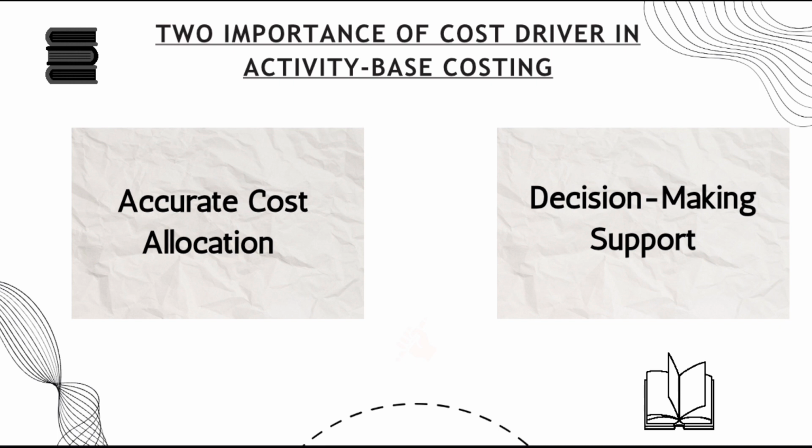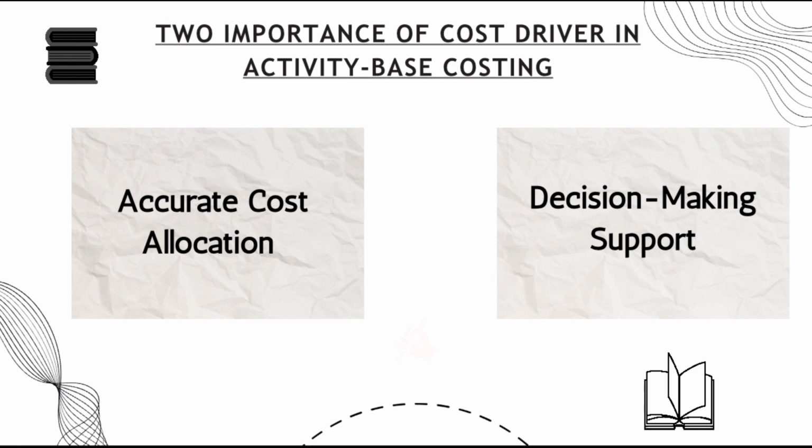This ensures that the costs associated with each activity are proportionately assigned to the product, service, or customers that utilize those activities. As a result, cost drivers provide a more precise reflection of the actual cost of performing various activities within an organization.